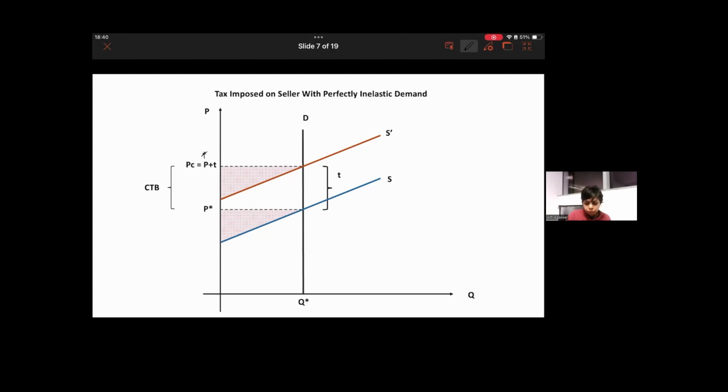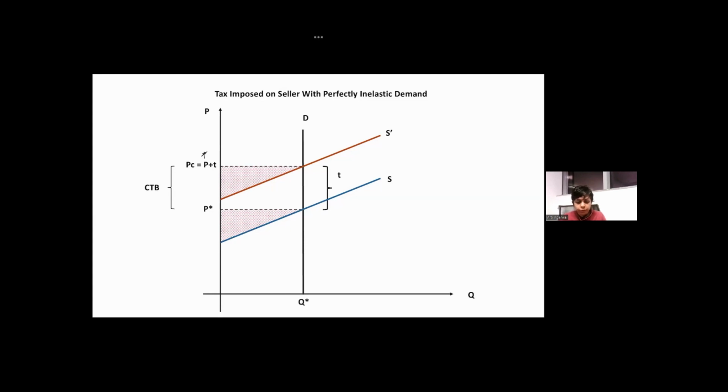And now you can see that the whole scenario is kind of different here. One thing which I think a lot of times people struggle to understand here is that in this case, the original consumer surplus is what? What do you think? Okay, forget this. This part I forgot to erase from the diagram.